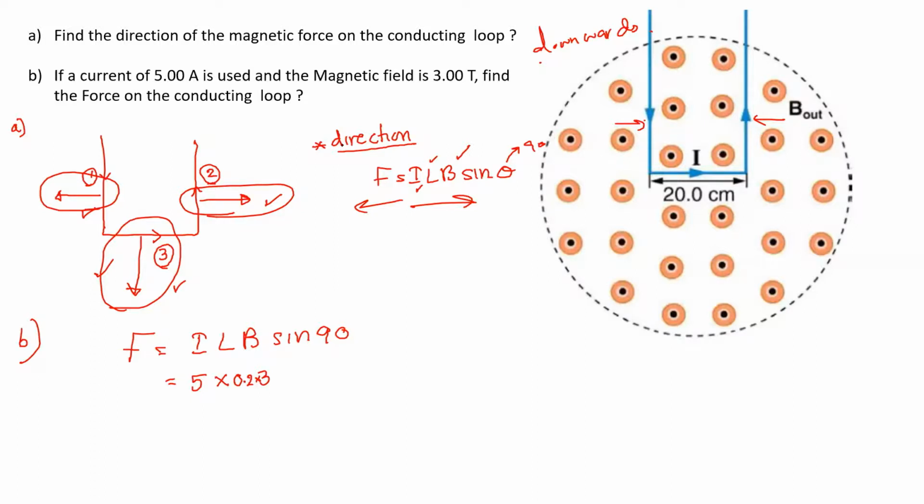No, right? 3 newtons. So this 0.2 came from 20 times 10 to the negative 2. I converted it to meters. Okay. So shall I move to the next one? Yes.